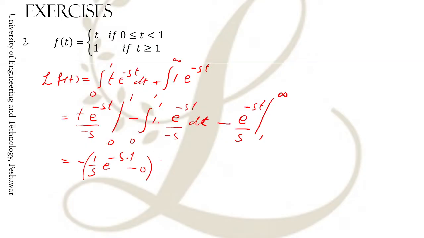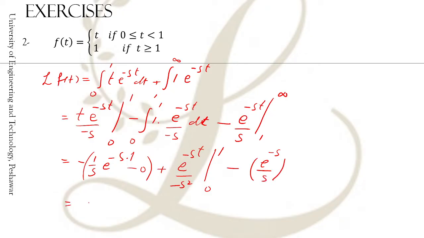Minus and minus make plus, and then we integrate that again, so we have e power minus st divided by minus s square, limits from 0 to 1. When you put infinity, this will give you 0. When you put 1, it will give you minus e power minus s divided by s.